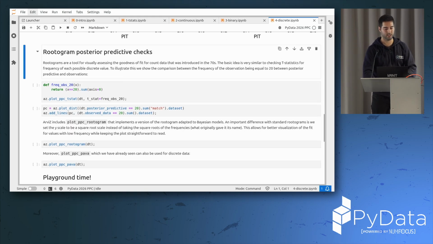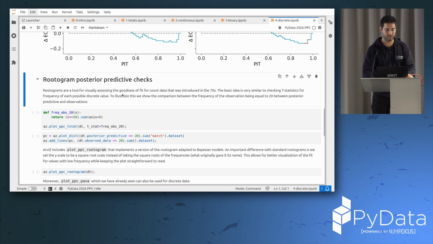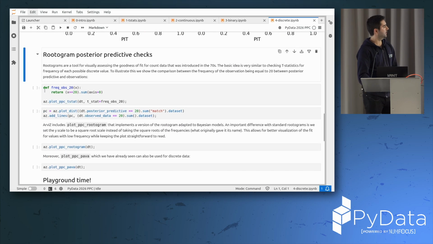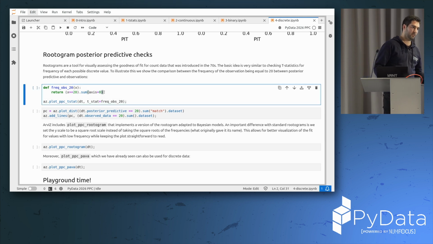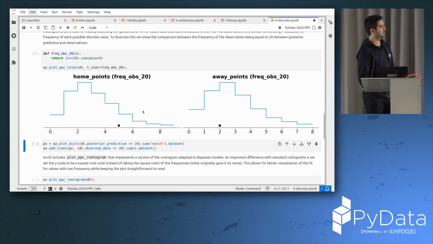Basically, here we have values that can be from 0 to 60, but that means we have 60 possible values, not infinite. And if we take a look at what is the count of values that are exactly equal to 20, and we compute this for the posterior predictive and for the observed variables, we get something like this.